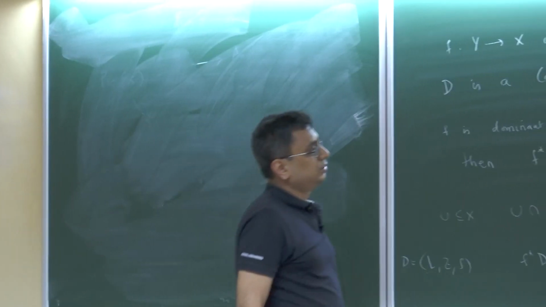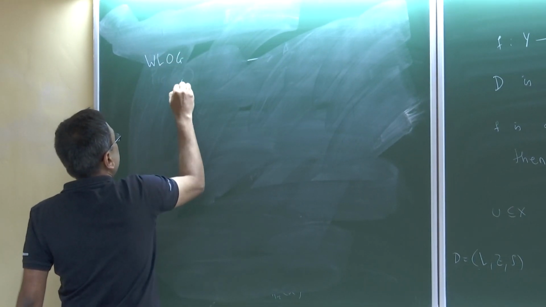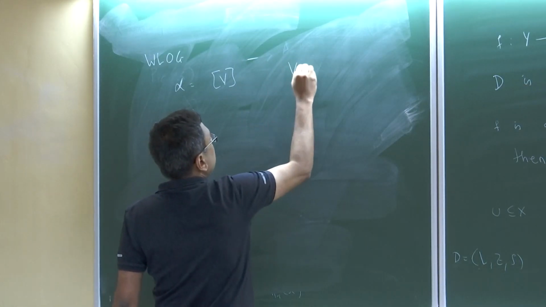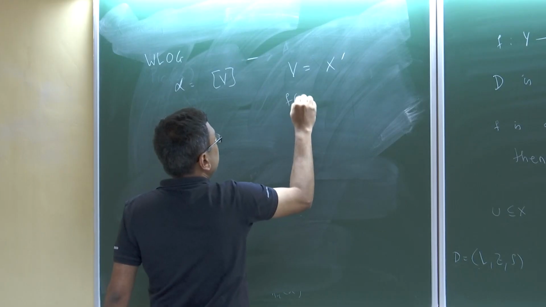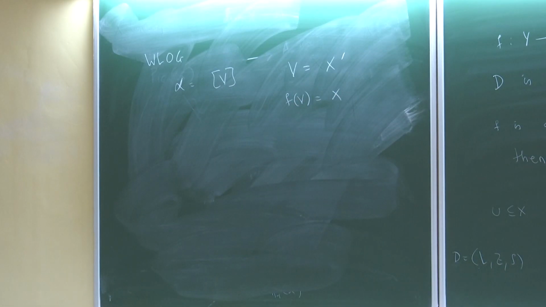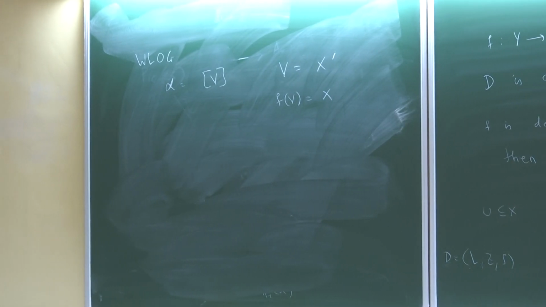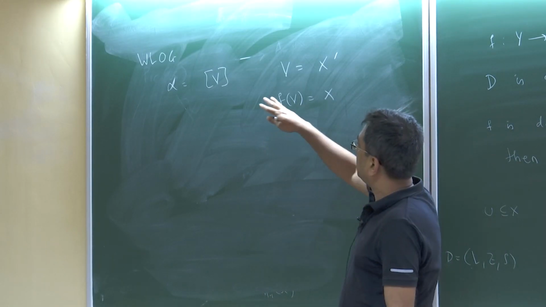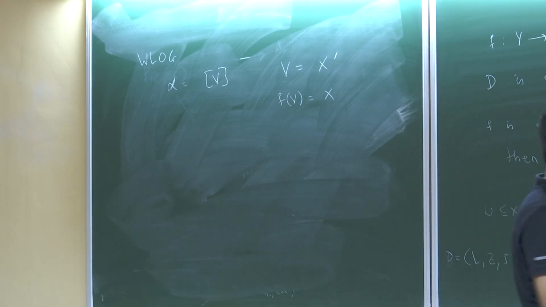So the proof is, first, without loss of generality, we assume alpha is equal to the class of V, and we can assume V is equal to X prime, and f of V is equal to X. So you'll see the great flexibility we have by working with non-singular varieties. Even if non-singular varieties were our great main interest, this kind of reduction will be so often made in the proofs.